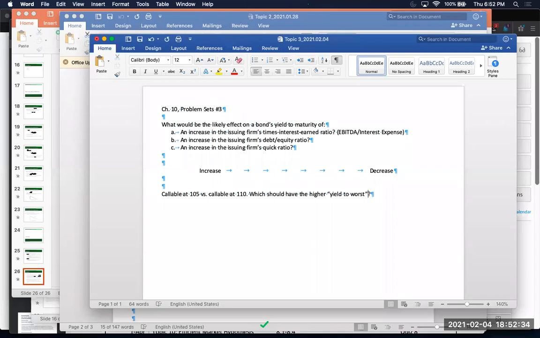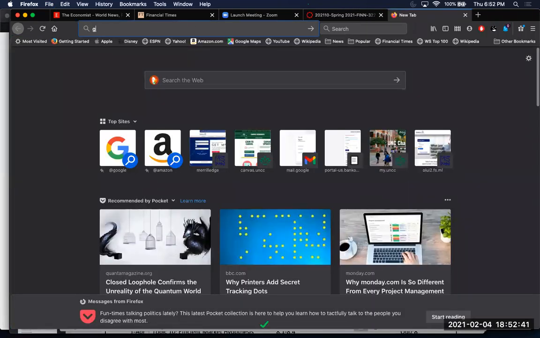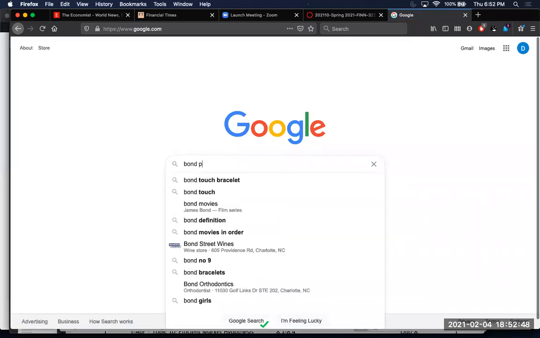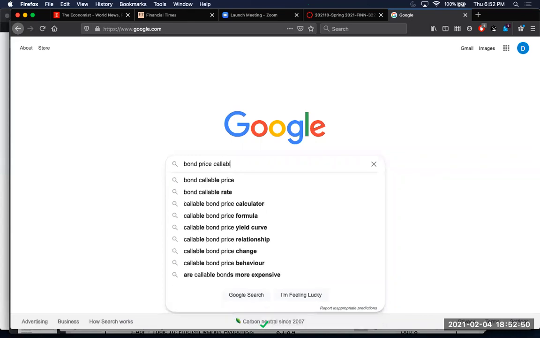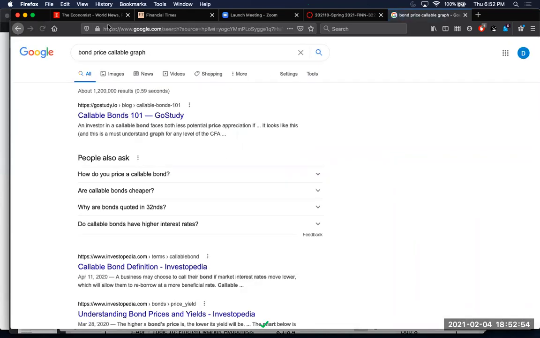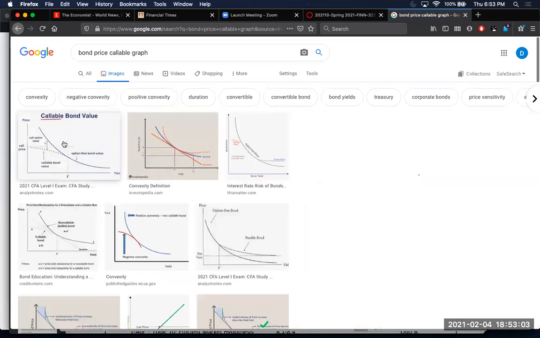The callable at 105, you get a picture of a... they have what's called a negative convexity to them right here.